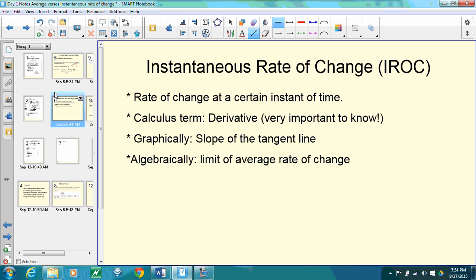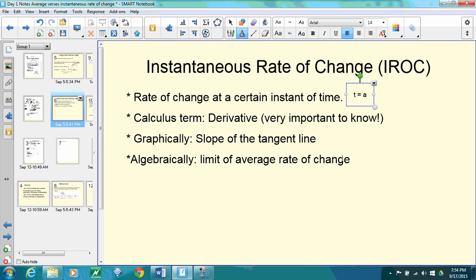The second thing is called instantaneous rate of change, IROC. Okay, that is a little bit different because it's not over a time interval, it's the rate of change at a certain instant. So it's a specific time. They're usually going to say, like, find the rate of change at t equals some number.